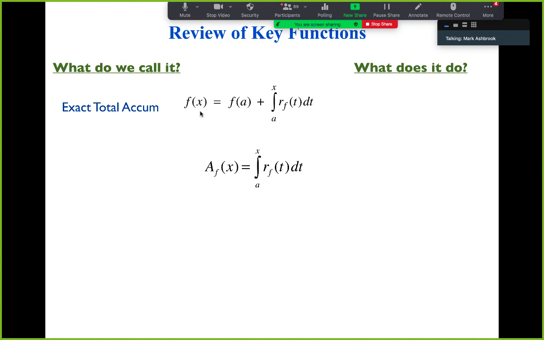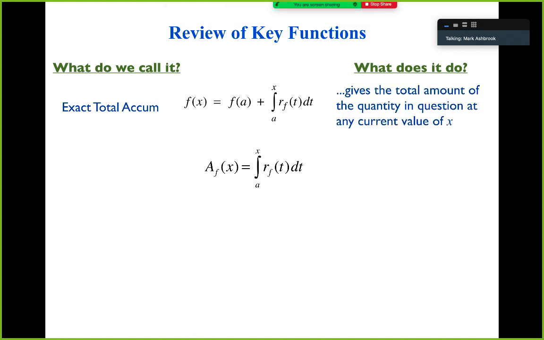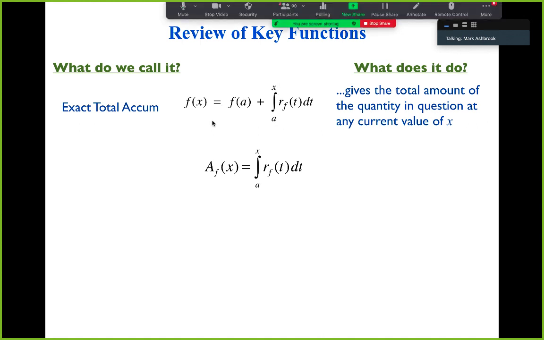Okay? What does this do? It gives us the total amount of the quantity in question at the current value of x. So it's a function. Often x is time, but it doesn't have to be. At any given time, this function is telling you how much of the stuff we have.